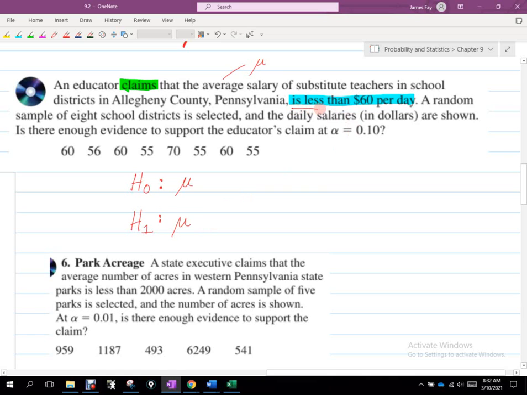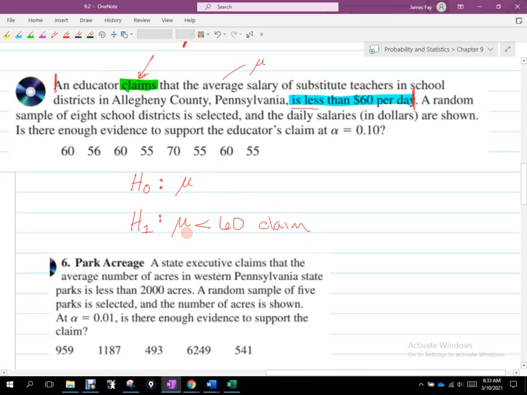When it's inequality, it goes with the alternative, or the research hypothesis. So this is less than $60 per day. Because that phrase was identified as the claim, we write claim with that. Does that make sense?